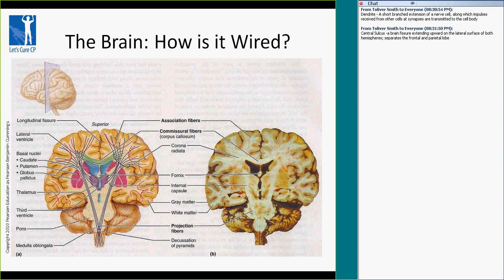And look at how that is associated with the wiring. Now, when you've got a case with PVL, periventricular leukomalacia, you see how having a cyst next to the ventricles can cause trouble with the wiring. Now, with the brain of a developing infant, it'll do its best to wire around it, but you can only do so much as far as recovering from having that sort of a blockage developmentally. Let's go to the next slide, please.